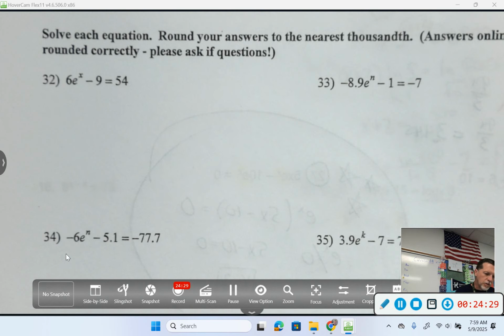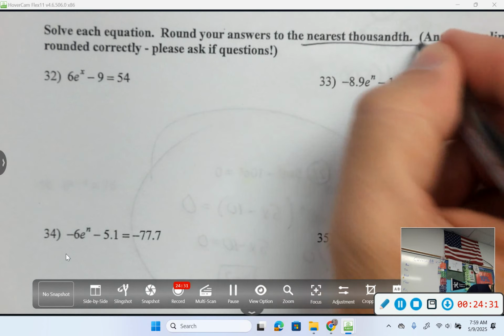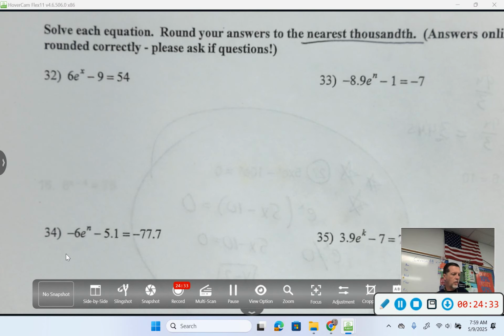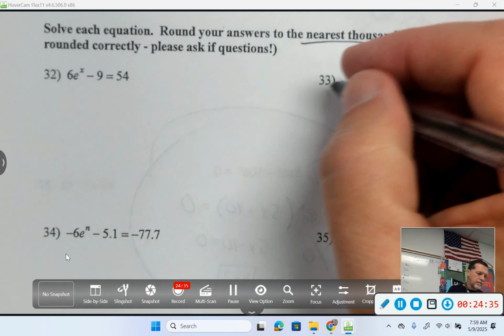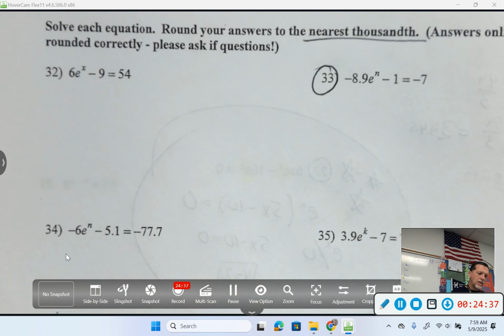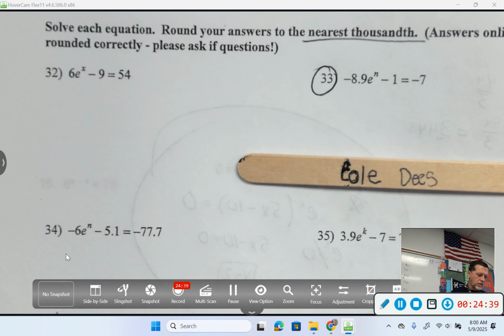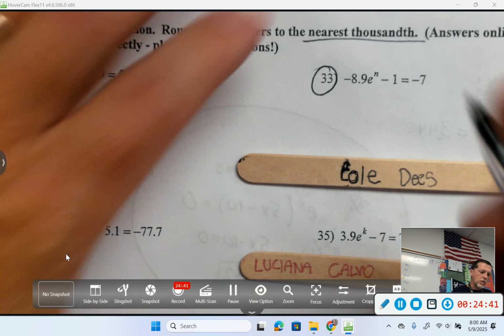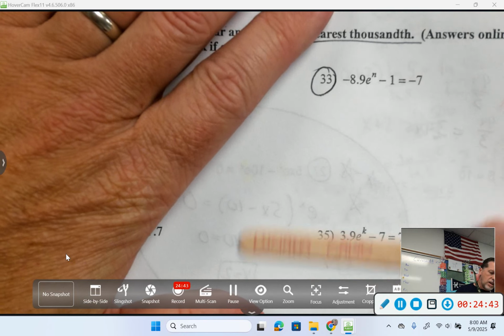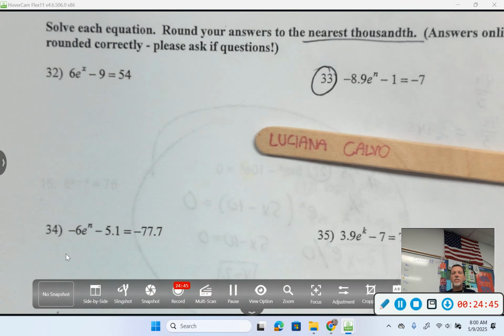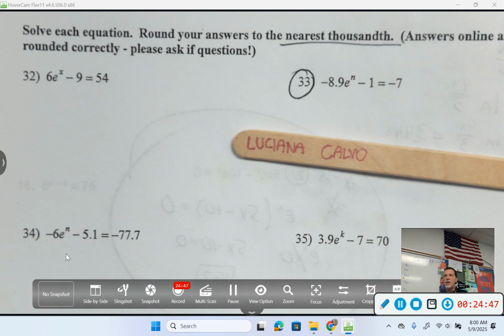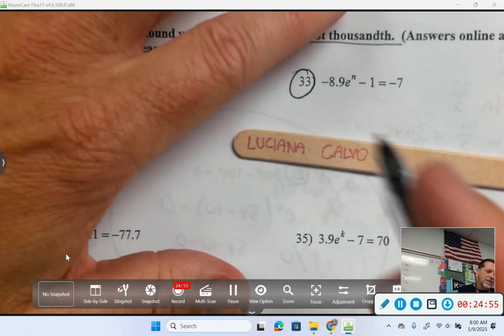33. I think we're still using calculators, round answers to the nearest thousandth. So that looks weird, but I think we can handle that. Cole, what do you want to do first on 33? Add the 1. Luciana, what would we do next on 33? Yes, let's do more than that, though.